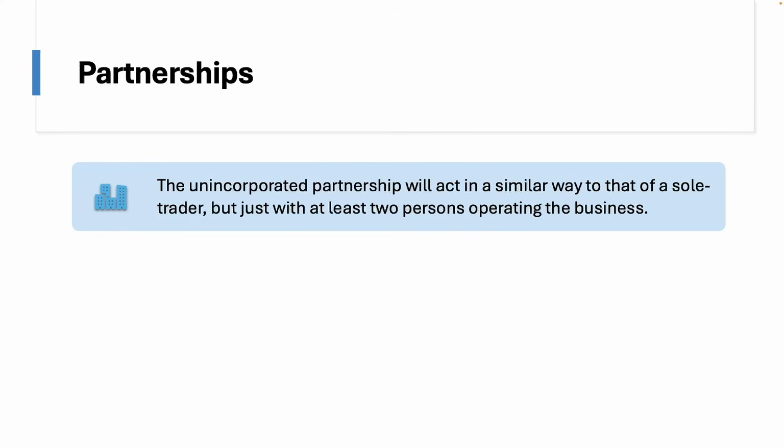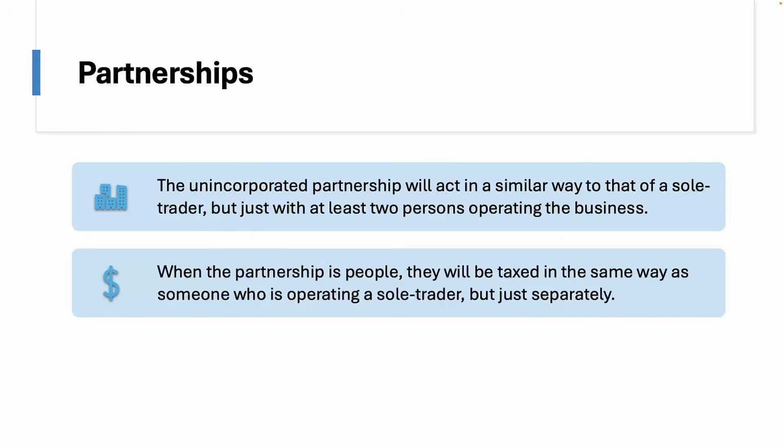Fundamentally then, the unincorporated partnership will in fact act in quite a similar way to that of a sole trader. The only real difference is there has to be at least two persons that are coming together to form this business and to operate the business as a partnership. When the partnership is people, i.e. when it is people who are biological in nature, for example, they will be taxed in the same way as someone who is acting as a sole trader.